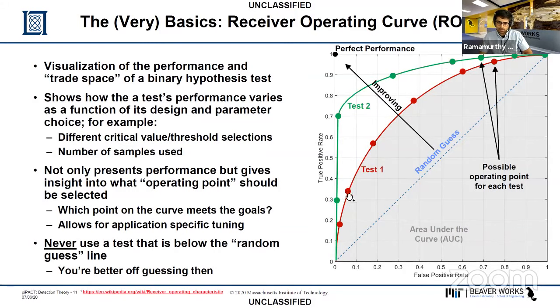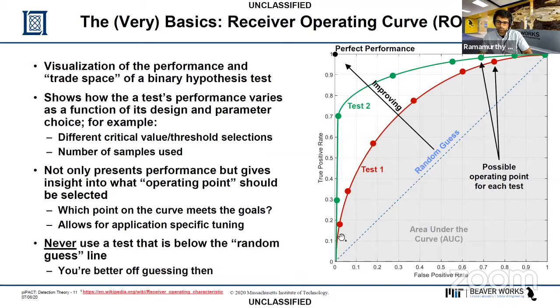As I change the critical value, I get more true positives, but I'm letting in more false positives. As you can see here, as I go up and up, I'm getting a better true positive rate, but letting in more false positives. So picking that critical value is about where on this curve I want to be. Do I want to make sure I'm correctly detecting my true positives and rejecting false positives? But where on this line do I want to be?